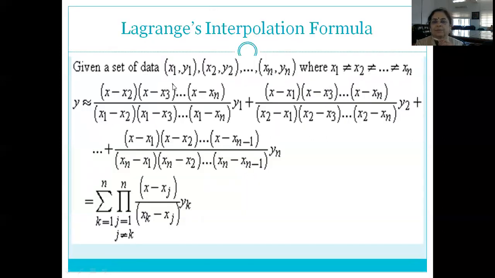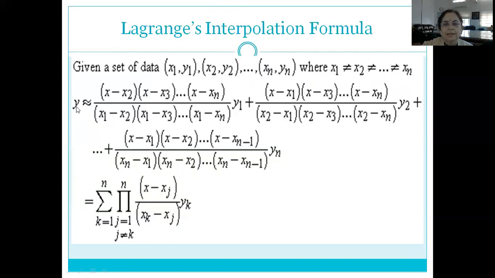Now suppose this is a set of data which is given. This is again a repetition. x1, y1, x2, y2, xn, yn are the data points which are available, where x1 not equal to x2 not equal to xn, because these should not be repeated points. They should be distinct data points.